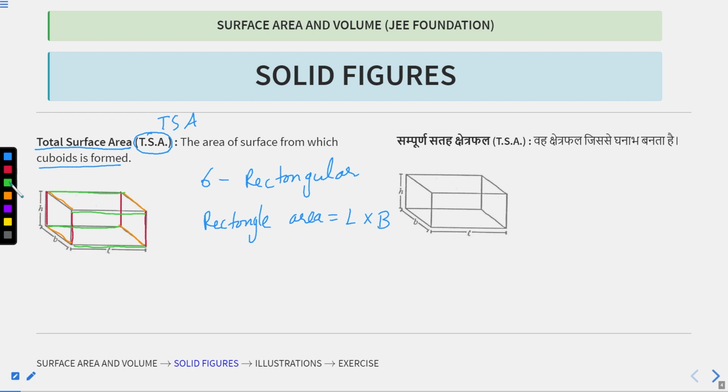I am taking the rectangle enclosed by the 2 red lines and 2 green lines, and this area is equal to L times H, because the green line length is L and the red line length is H. So L times H.